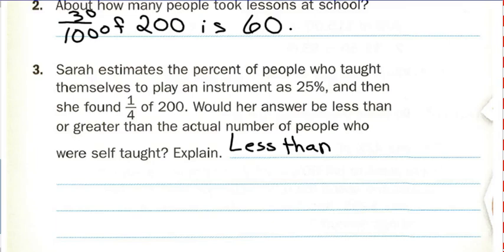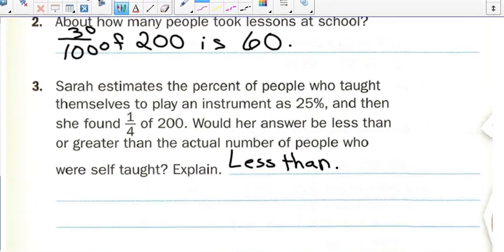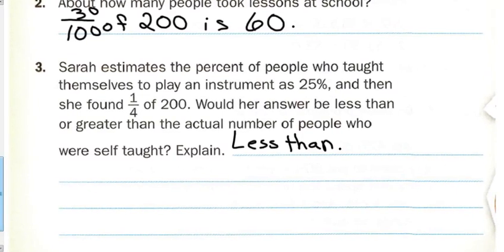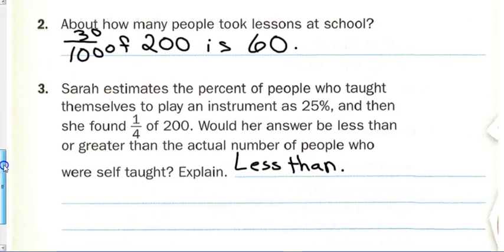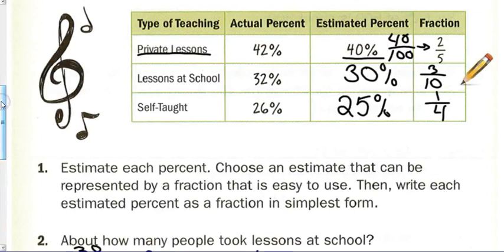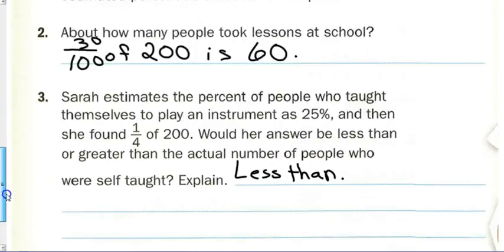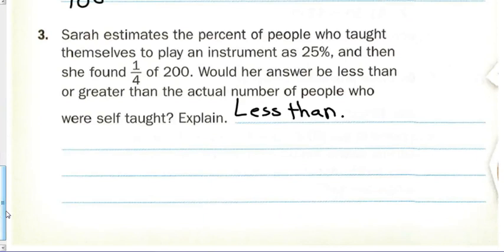The reason for that is, if we go back up here to our estimation, we saw that the actual percentage was 26%, and we rounded that down to 25%. So if we round down to 25%, then our number of people will be less than the actual number.